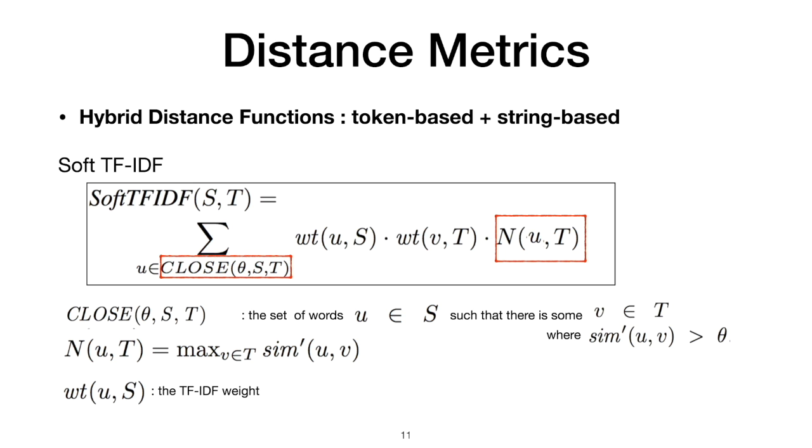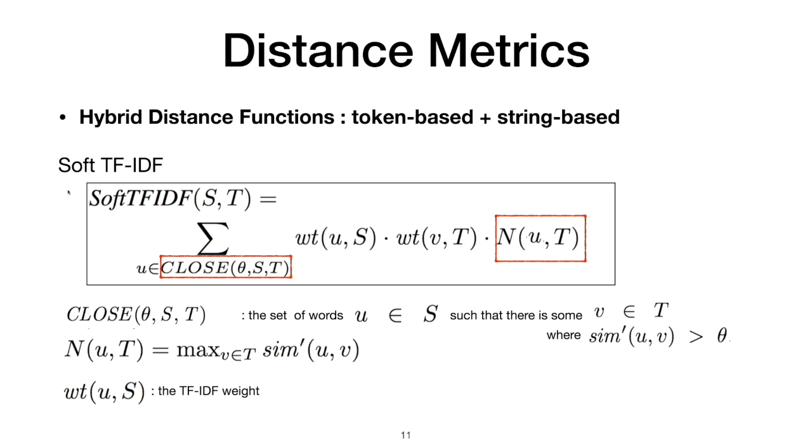One important contribution of the paper is that they came up with the third type of distance metric, the hybrid distance functions, which combine the previous two types of metrics. Soft TF-IDF is one such distance metric.